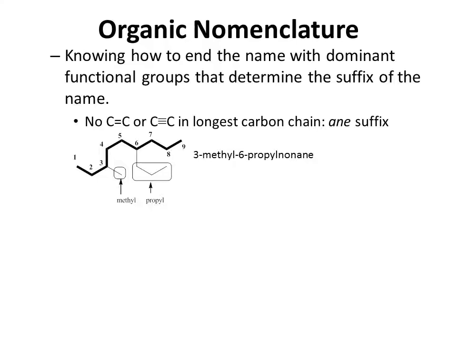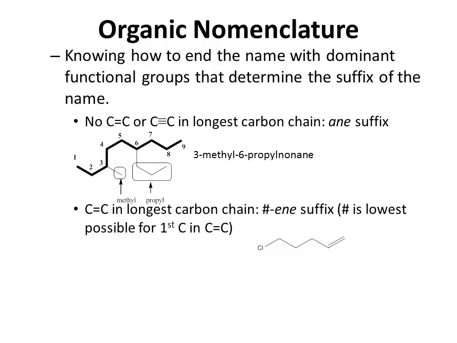If there is a carbon-carbon double bond in the longest carbon chain, then we number the position of the first carbon in that carbon-carbon double bond, and we end the name with the ene suffix, E-N-E.